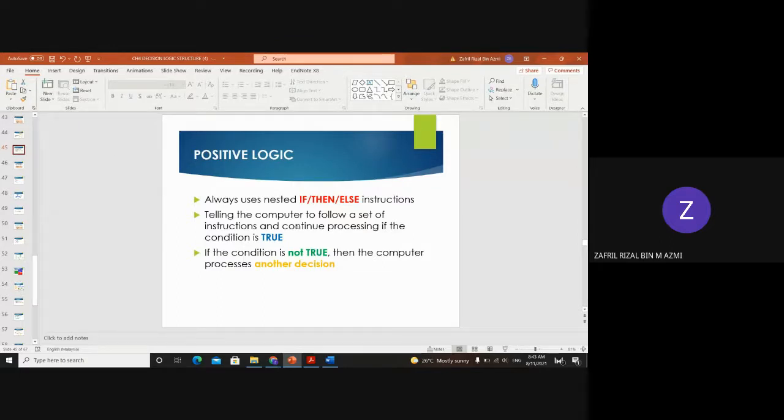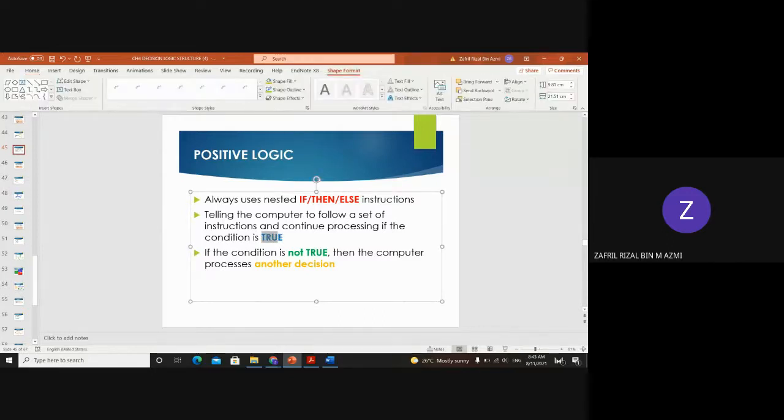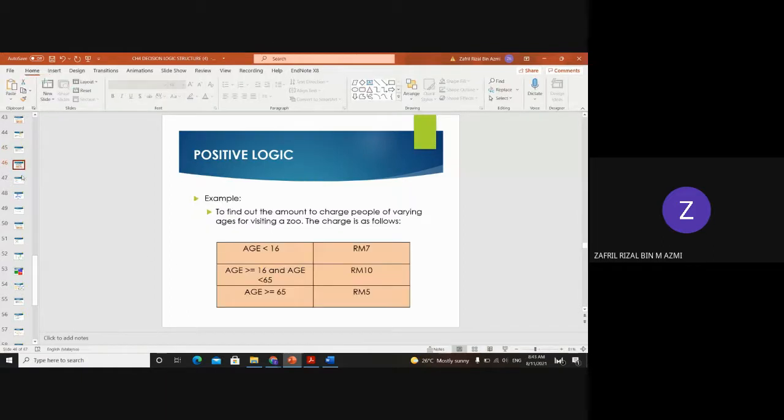The statements for positive logic, we always put in the true branch. If it is false, it always enters another decision. Until the end, of course, if it is else, then it will have its own statement. So this is the same thing.